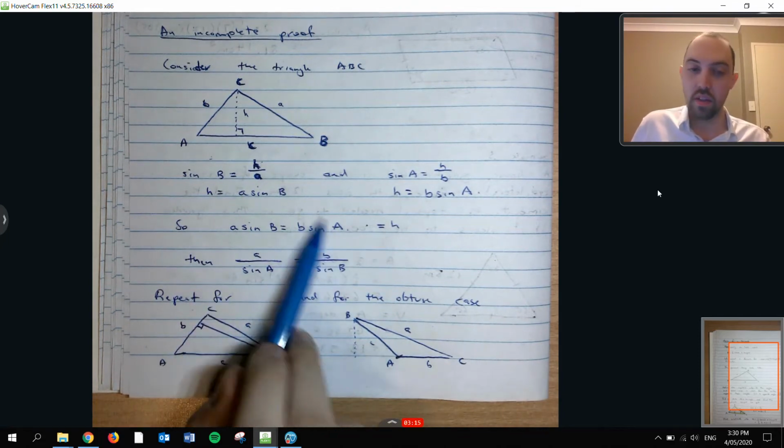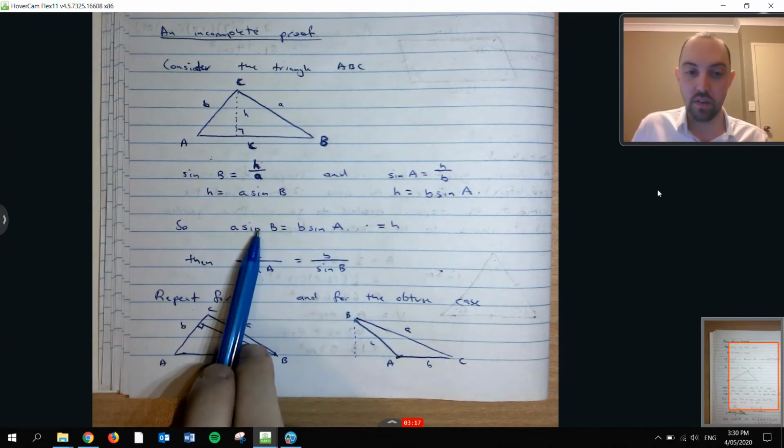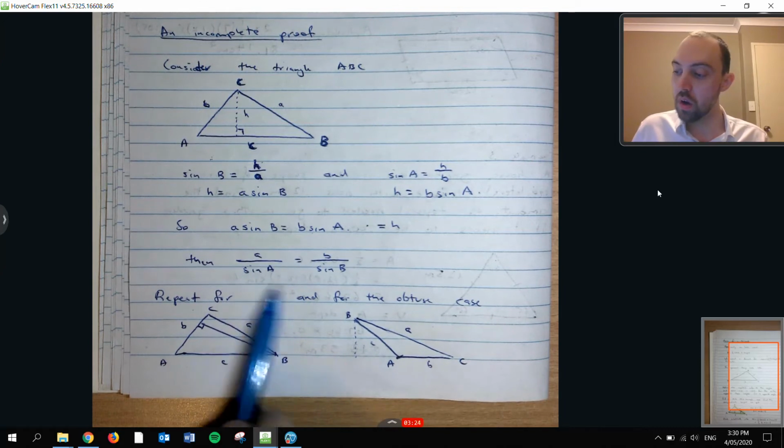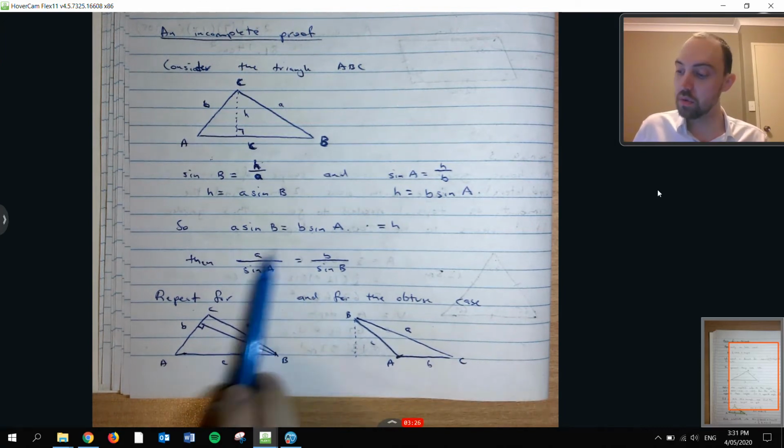Rearrange this equation here, divide on both sides by sine A and by sine B, and you'll get one small part of our sine rule.